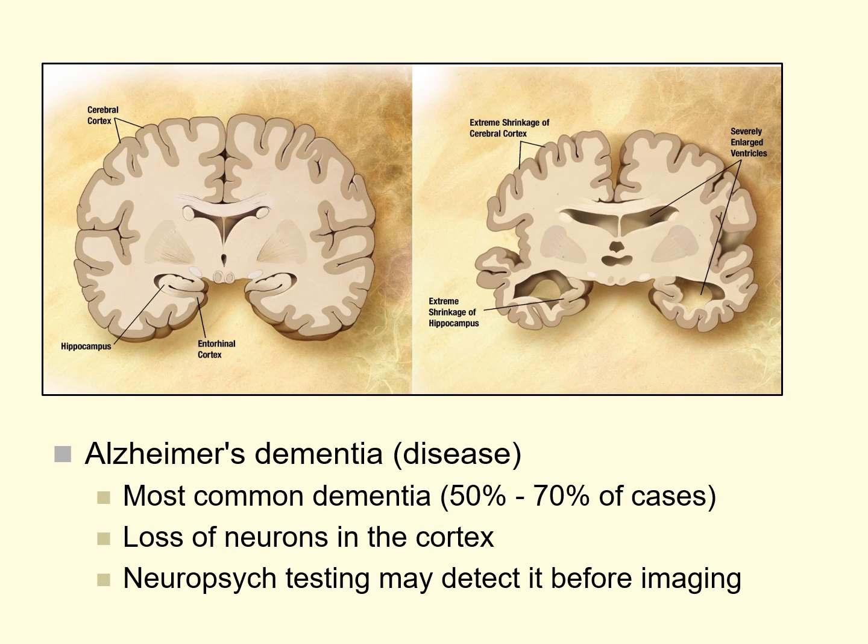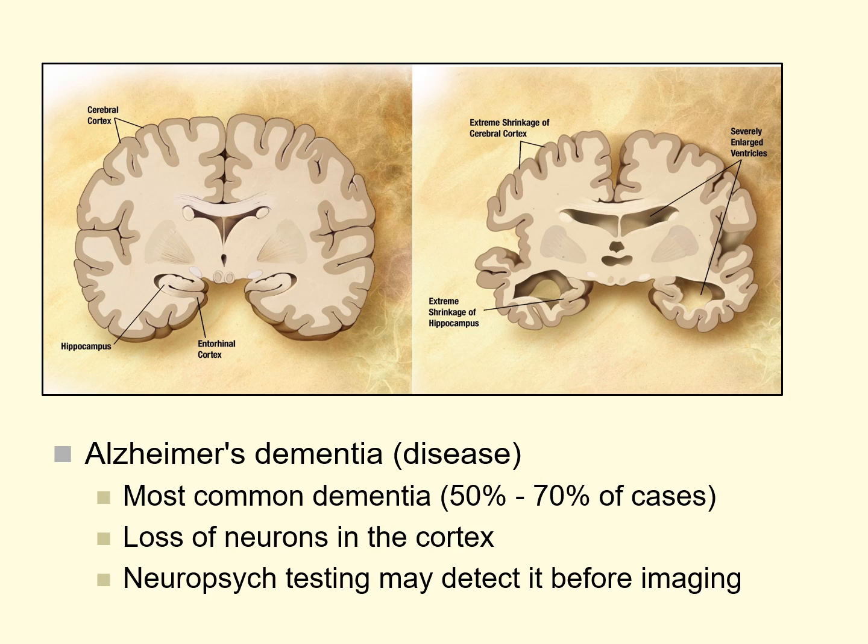Alzheimer's disease or Alzheimer's dementia is one of the most common forms of dementia. I'm not exactly sure where I got these numbers. It's probably from the RBANS material, but estimates of maybe 50 to upwards of 70% of all dementia cases are Alzheimer's cases. And Alzheimer's disease is associated with loss of neurons in the cortex.